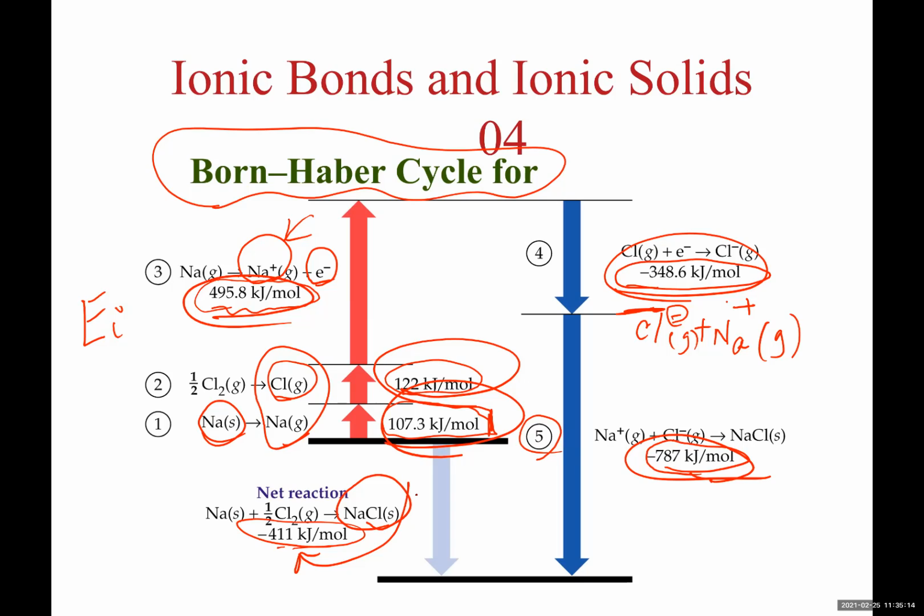That's why these two react together to make sodium chloride. So this process, breaking down the whole reaction into a small step at a time, where we can use the information available to calculate the overall process, is called the Born-Haber cycle.